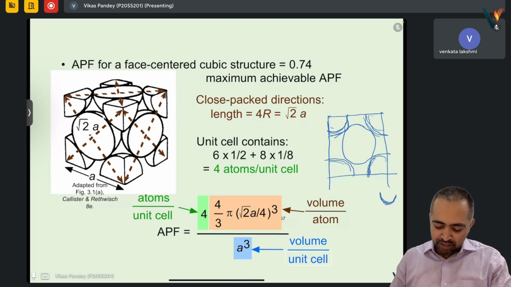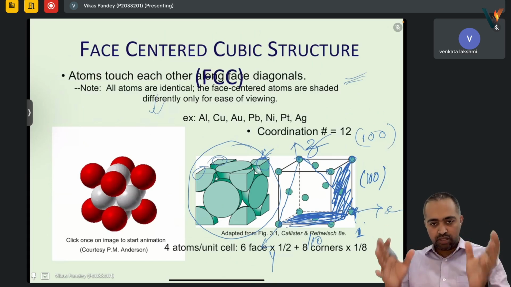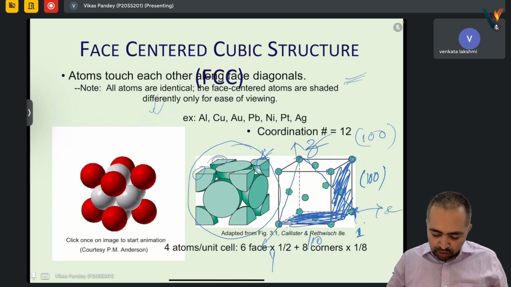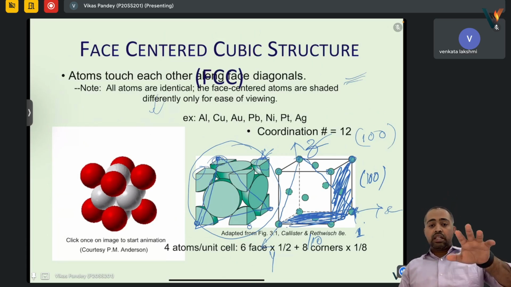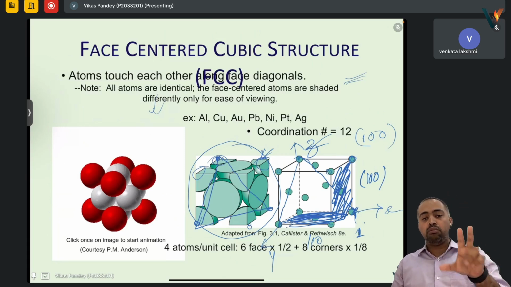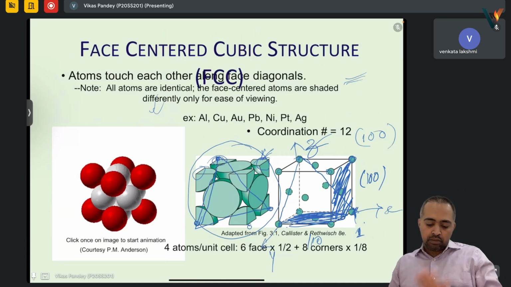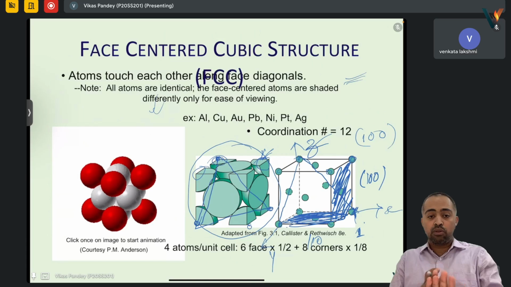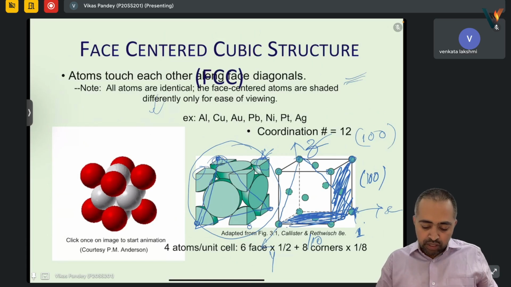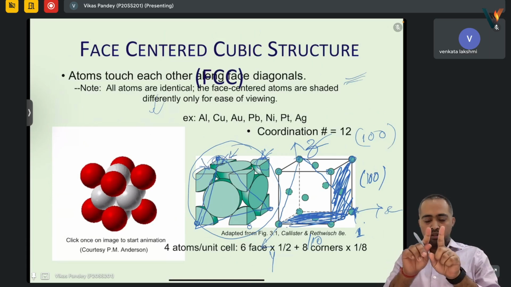If you make this whole structure and cut it with a plane combining this corner, not this one, this corner, you will see that there are a lot more atoms visible, and also very closely packed. Because if you see this corner atom, one part will be there.